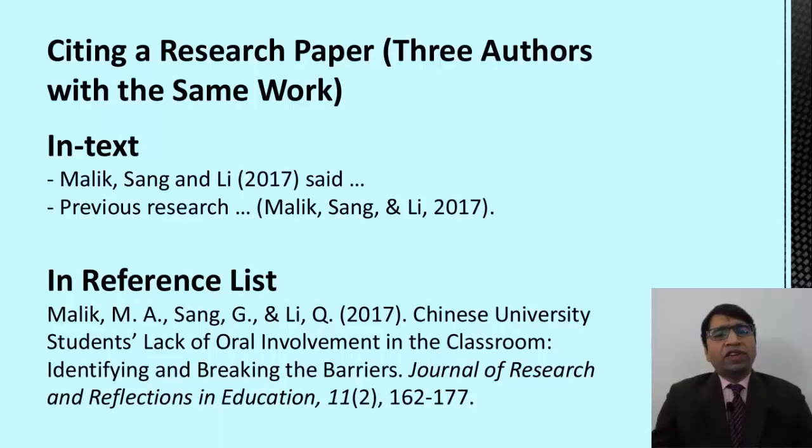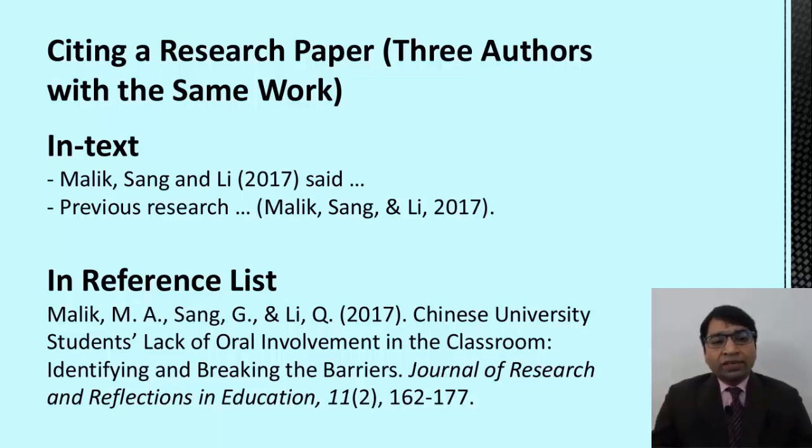Okay, when we are citing a research paper with 3 authors, the same work. Now in text, the same: Malik, Sang and Lee, exactly like we did with the 2 authors. And when it comes to citing it at the end of the sentence, again, the reason I gave it separately is because there's a very, very little, a minute difference that often people overlook.